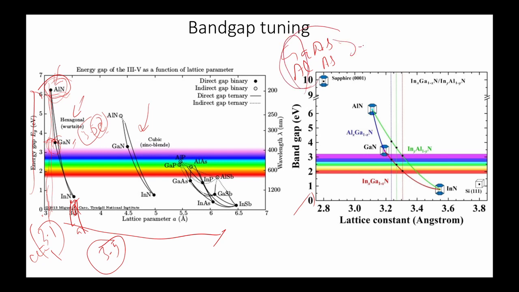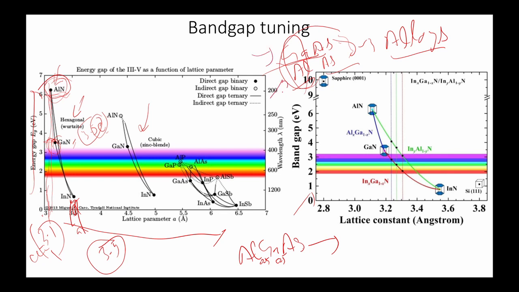If we mix these two, alloying them, with let us say 50-50% gallium, it will form aluminum gallium arsenide, with aluminum and gallium at 0.5 and 0.5. So the band gap will lie somewhere in between gallium arsenide and aluminum arsenide.